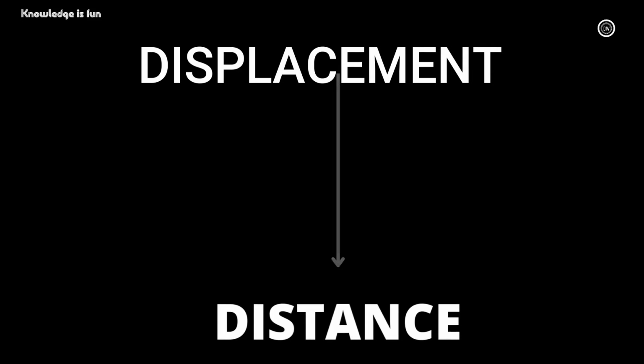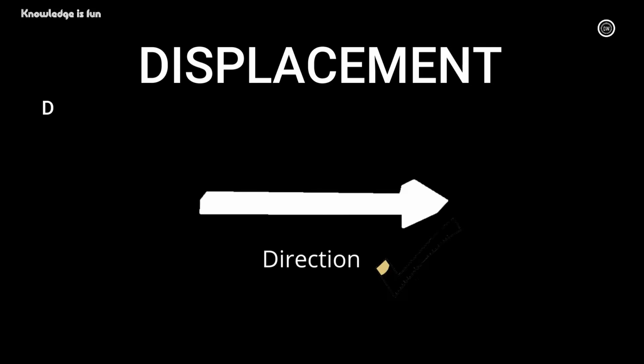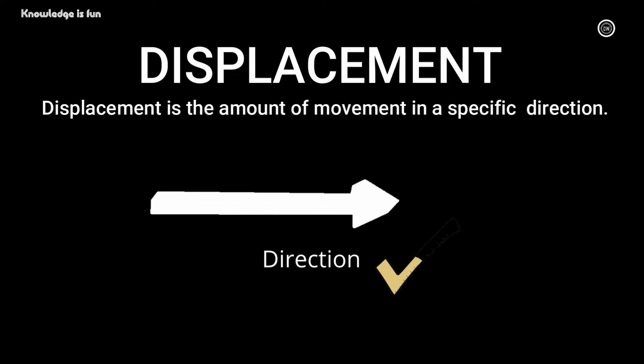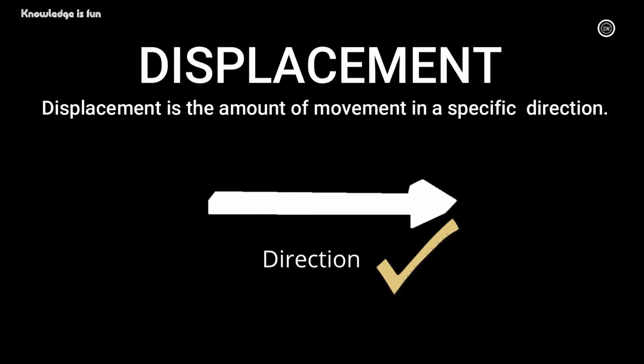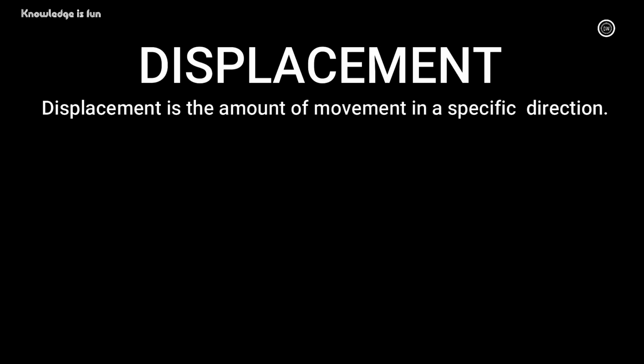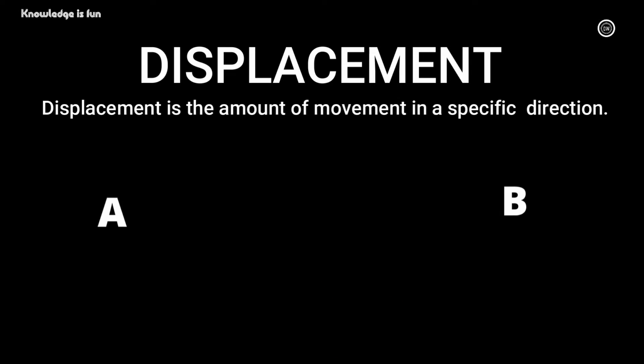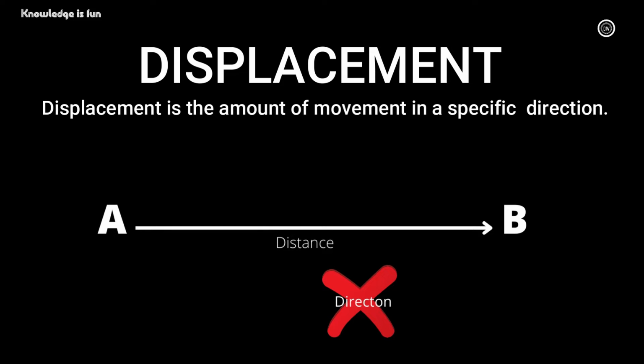The difference between both is that displacement has a direction. For example, distance is the point between two places, like when you travel from point A to point B, okay? The difference between these two points is distance.